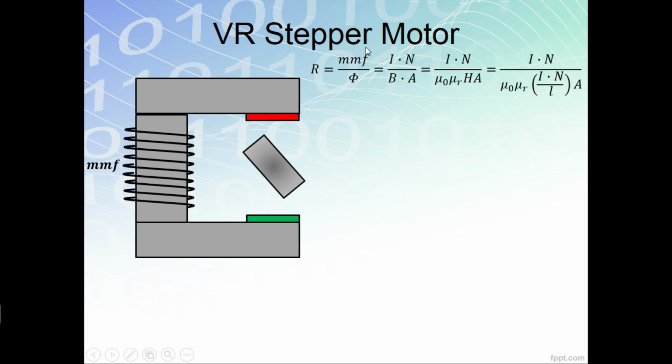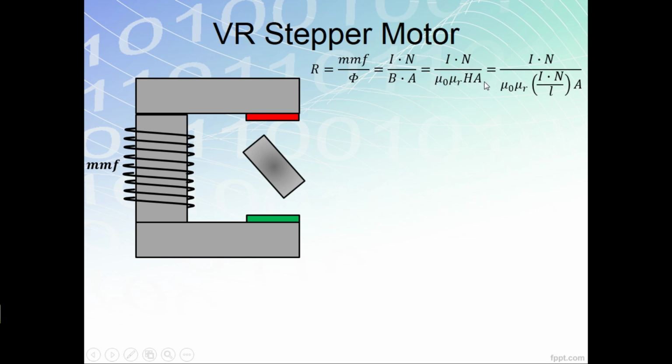So the magnetomotive force is equal to the current multiplied by the number of turns, and the magnetic flux is equal to the dot product of B times A. Since the magnetic field is equal to the permeability of the material multiplied by the magnetizing force, it can be further simplified to this.